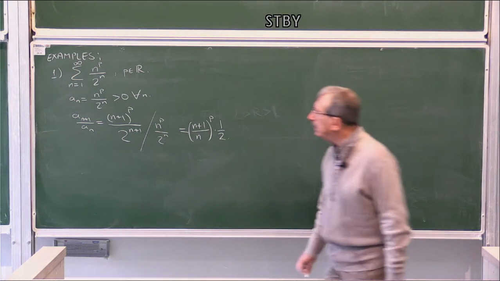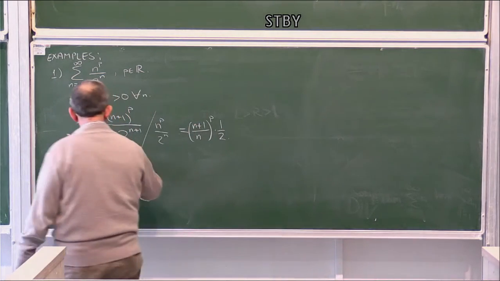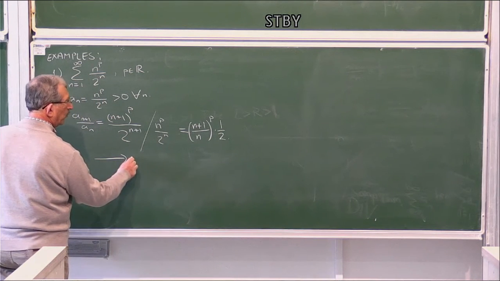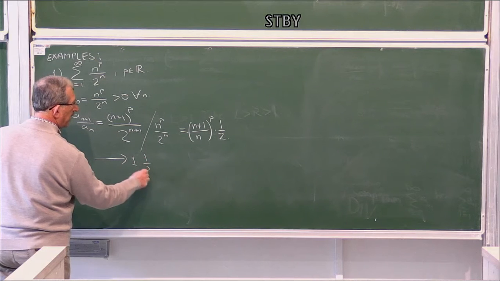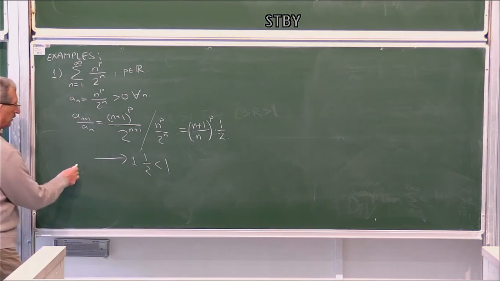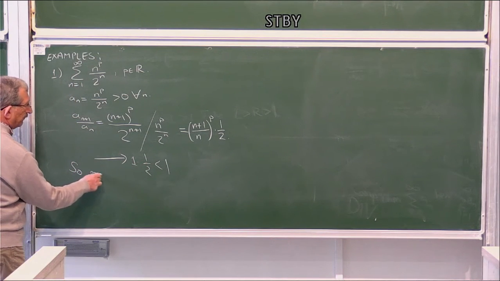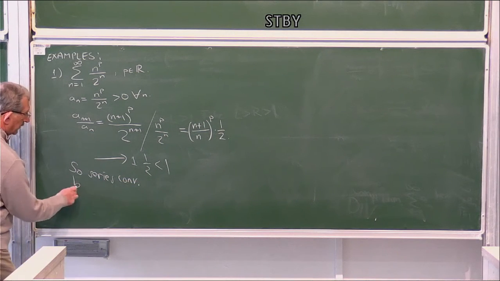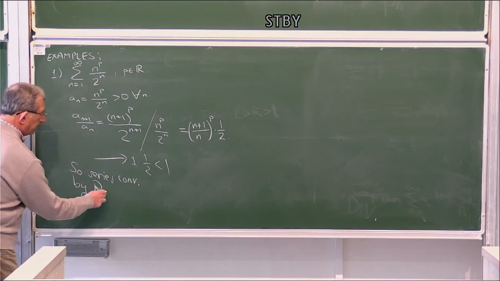Now, whatever p is, the limit when n goes to infinity would be 1 times 1/2. It's less than 1, so the series converges by the ratio test.